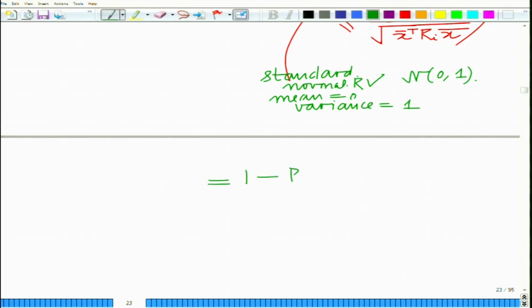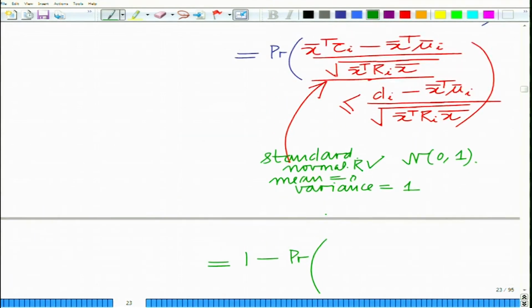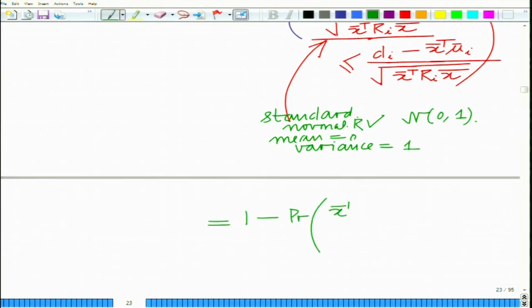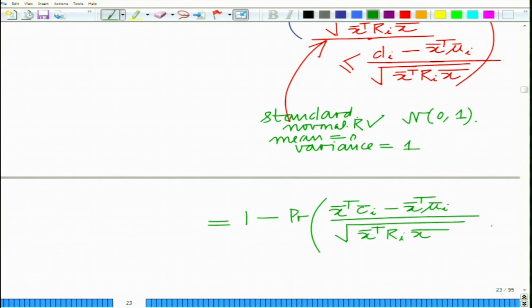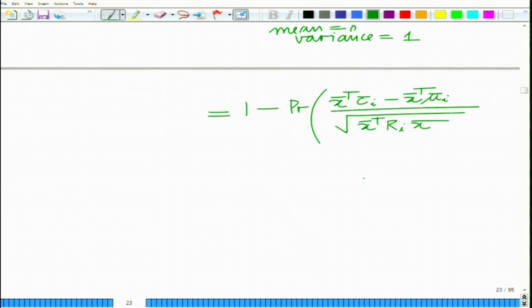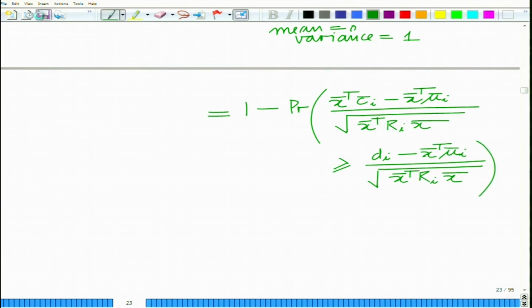So this is equal to 1 minus the probability that x bar transpose C bar I minus x bar transpose mu bar I divided by the square root of x bar transpose Ri x bar is greater than or equal to the threshold.